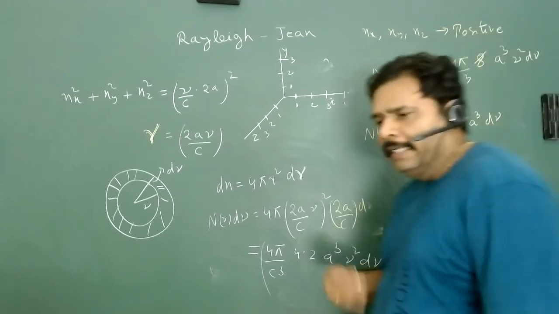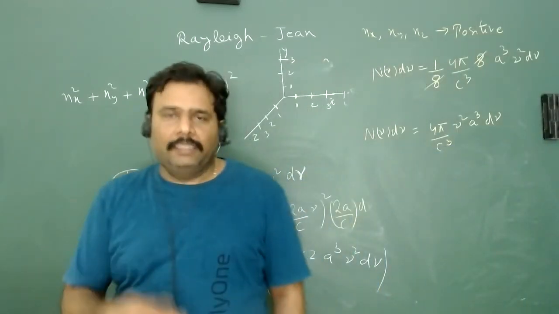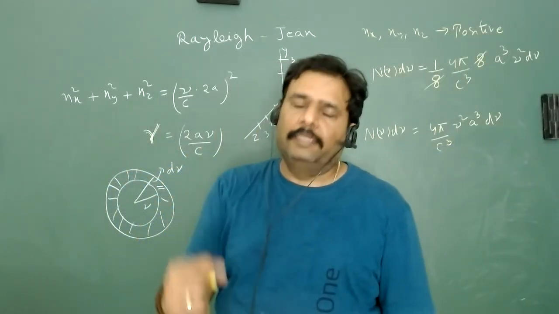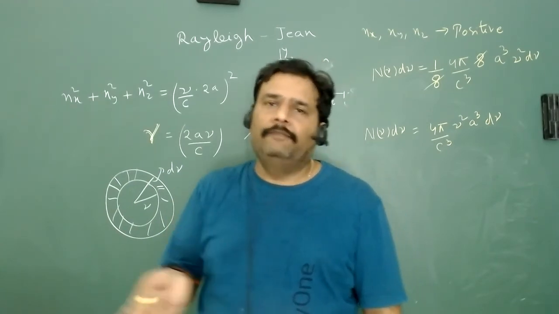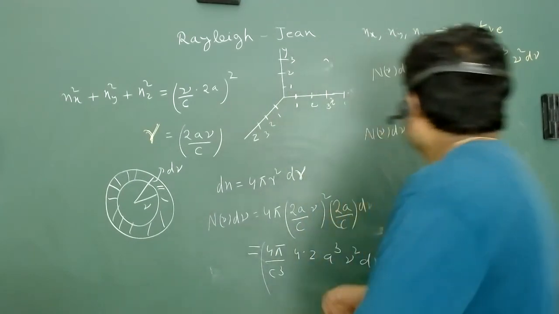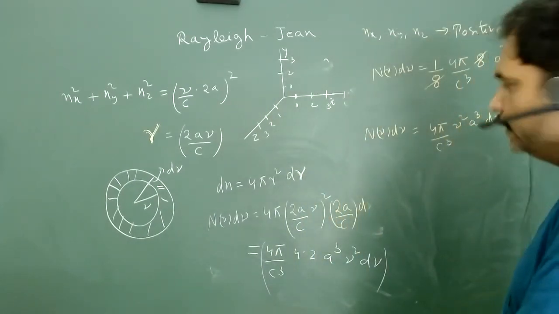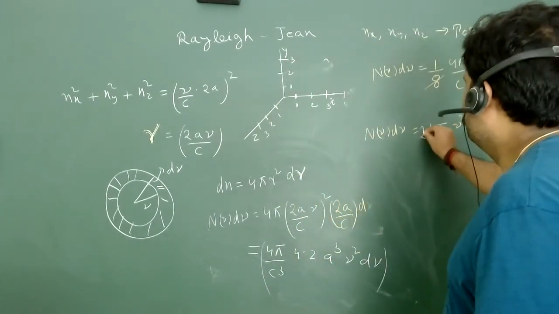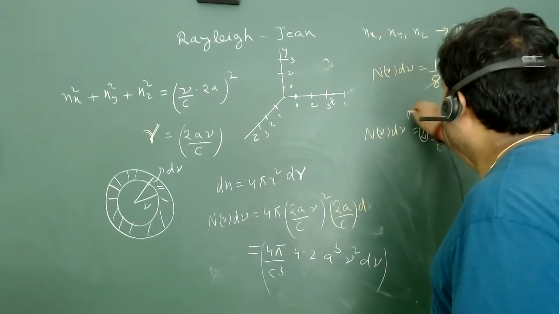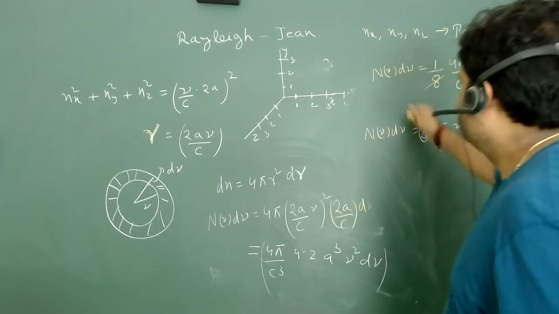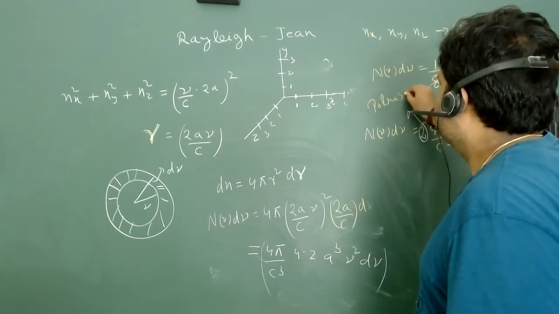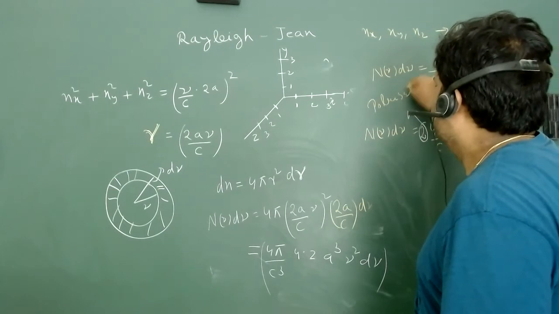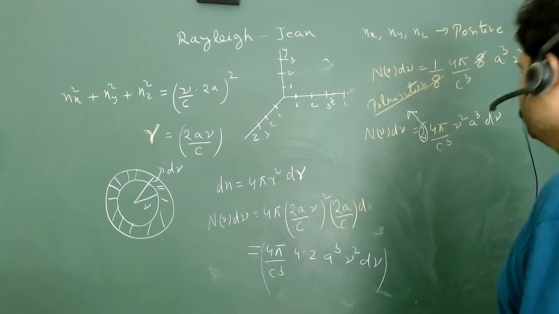Now again we are using the practical thing that electromagnetic waves have polarization also. They can be left polarized, they can be right polarized. So we can multiply it by number 2. So this is 2 due to polarization.